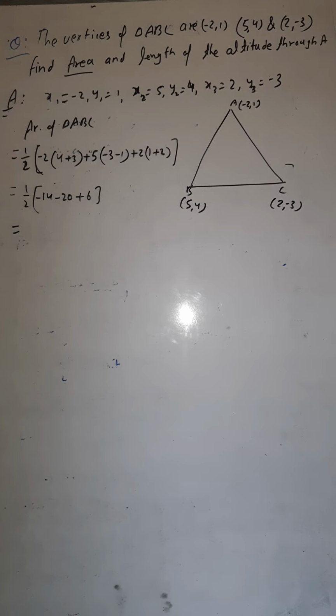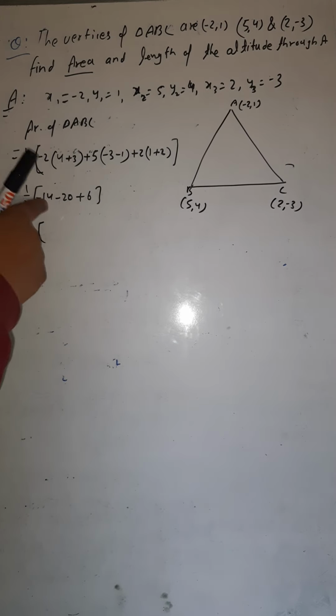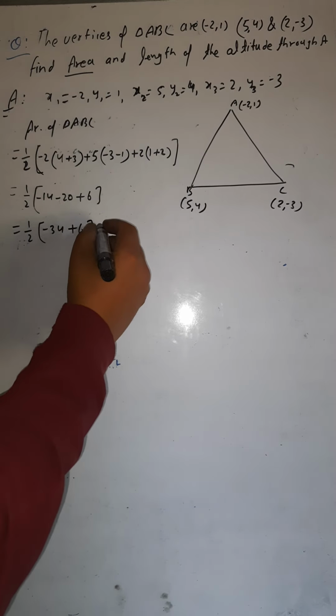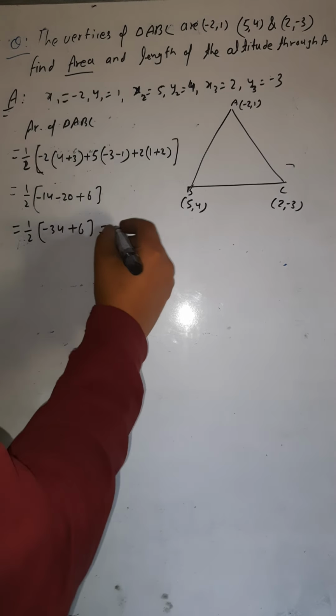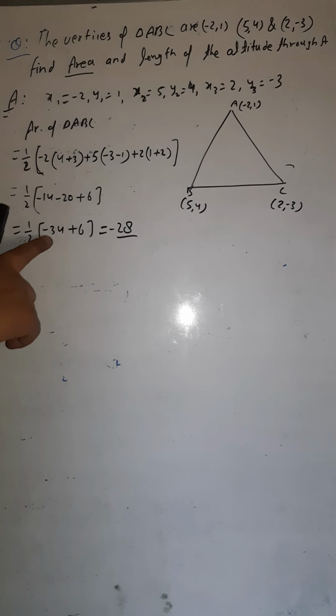How much is it? -34, if I am not wrong. 1/2 into -20 -14 would be -34, plus 6, equals -34 plus 6 would be -28. Yeah, -28. Look here. Minus 34 plus 6 would be minus 28. So minus 28 by 2.